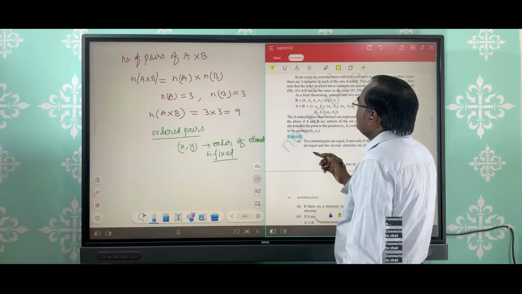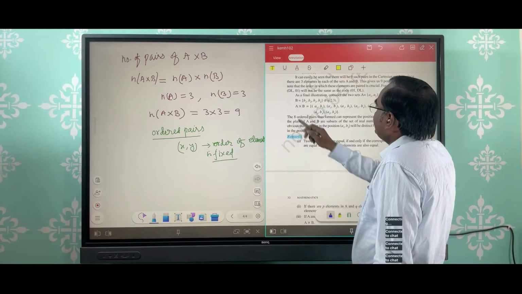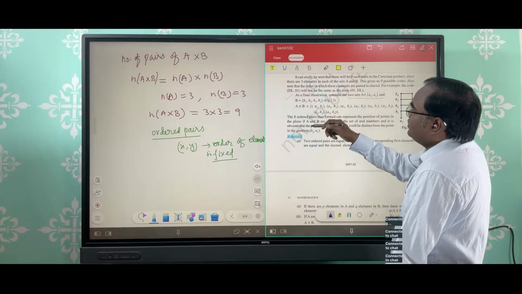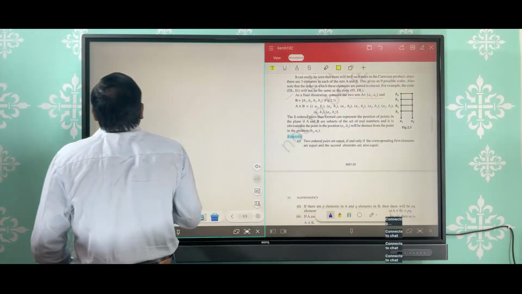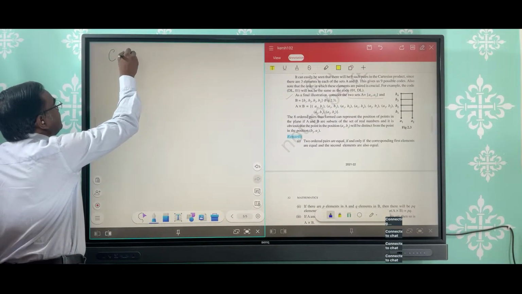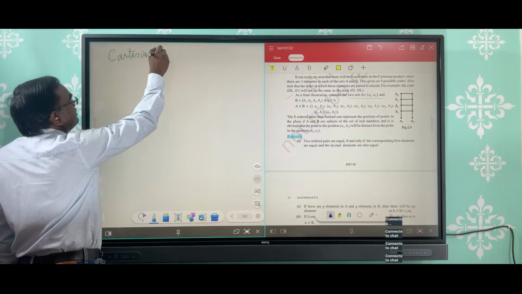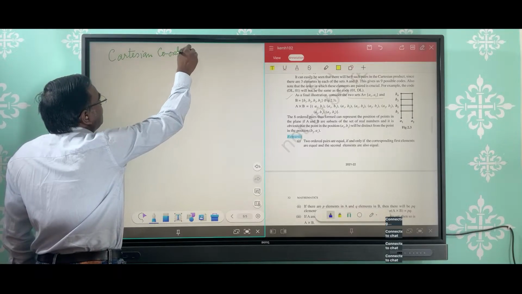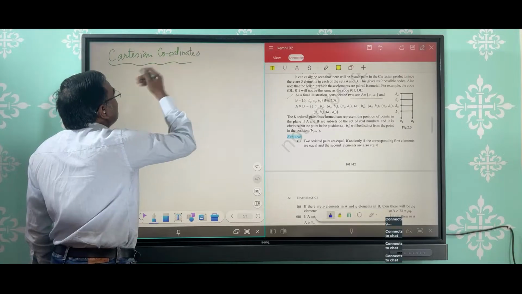As a final illustration, consider the two sets A and B. Now, how are the Cartesian coordinates formed? You have read about Cartesian coordinates many times, but have you ever thought about how they are formed?